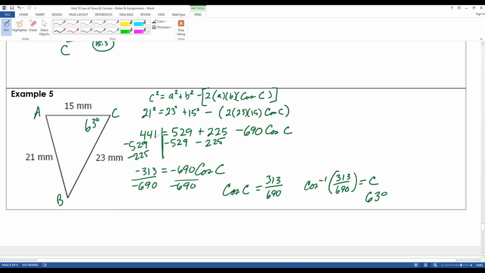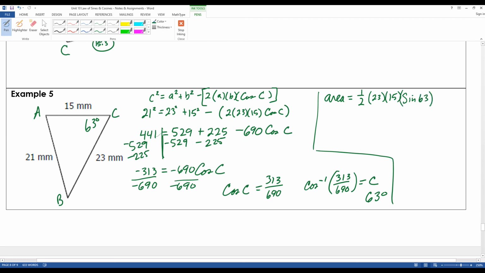So now we're going to do the area formula. The area is going to equal 1/2 times side A times side B, which is 15. So the two sides, not the side that goes with the angle, and sine of, what is it, 63?